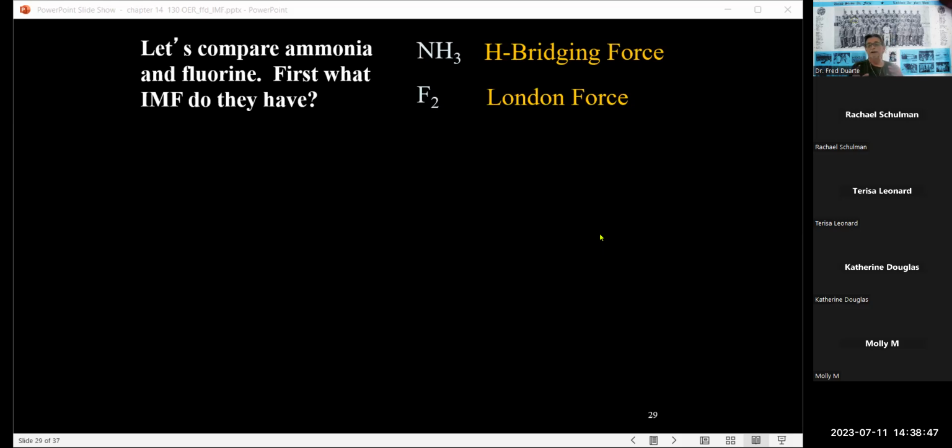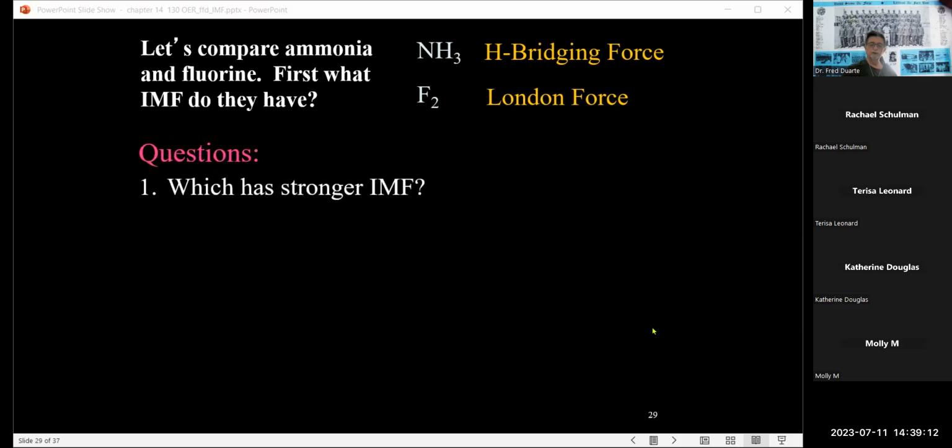Now, again, we can only do a relative comparison. We're not giving absolutes, like this is the boiling point to the exact number. All we're saying is this one will have a higher boiling point than this compound, or higher viscosity than this compound, based on the intermolecular force that's been assigned.